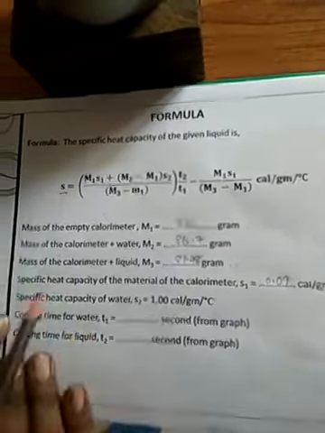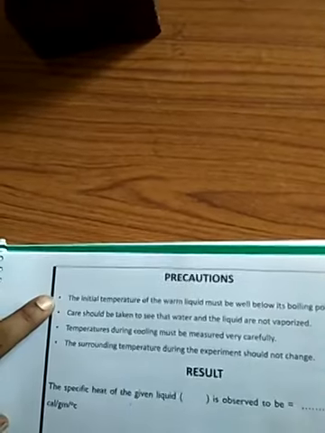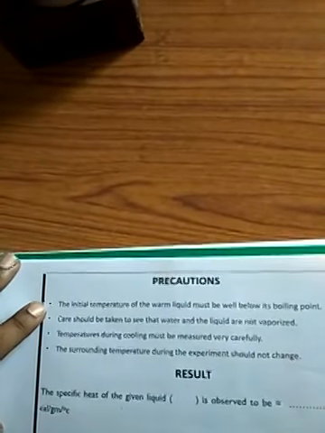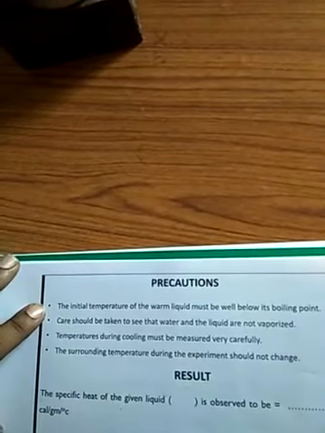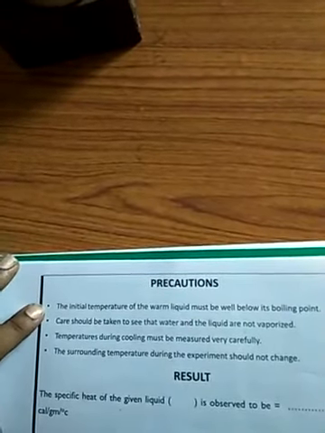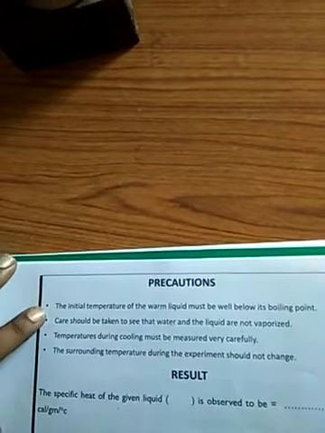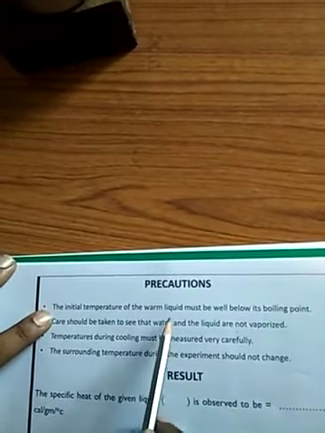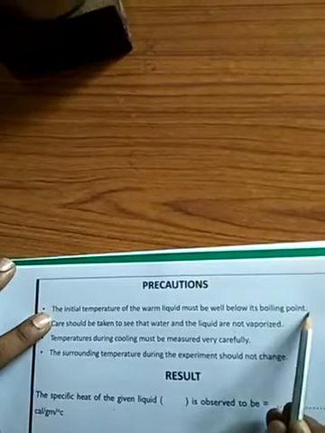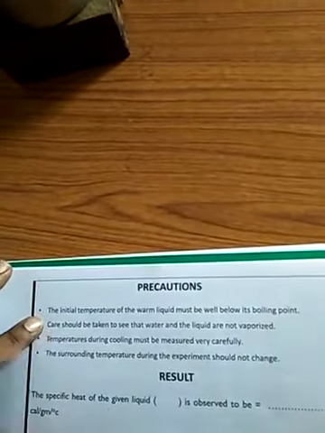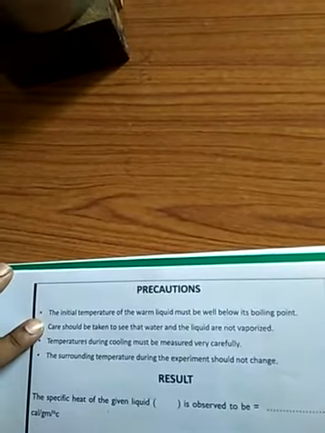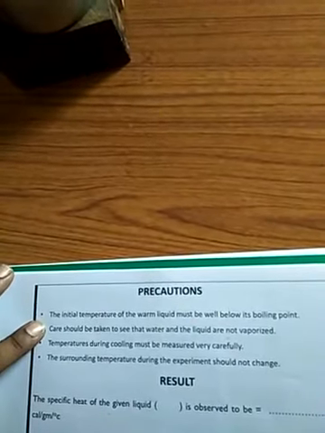Substituting all these values in this formula, we are going to find the specific heat of the given unknown liquid. The first precaution is that the water and liquid inside the calorimeters must be filled up to the same level. That is the first fundamental precaution. Another precaution is that the initial temperature of the warm liquid must be well below its boiling point. We have to make sure that neither liquid nor water is vaporized during the heating process.